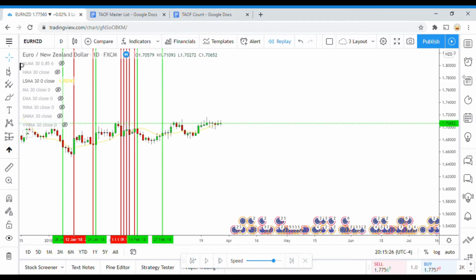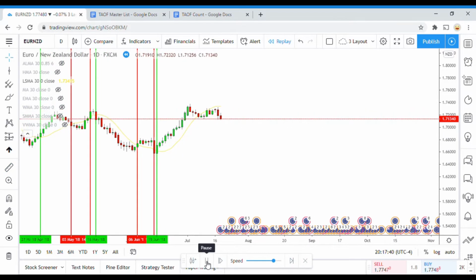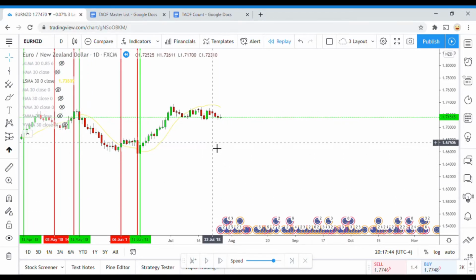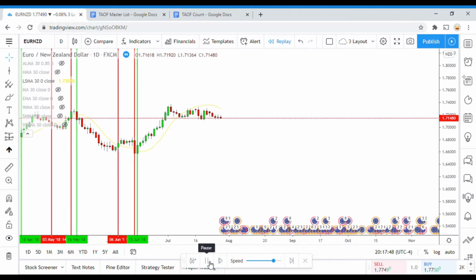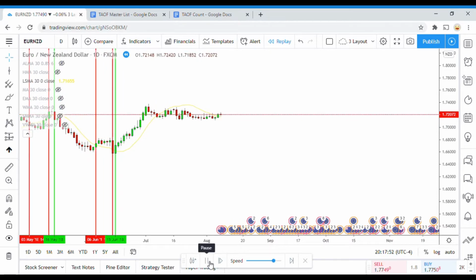Let's keep moving on here and see what else we can get out of this moving average. We are about midway through the year now. It's not doing a horrible job, but it's not doing a great job either.